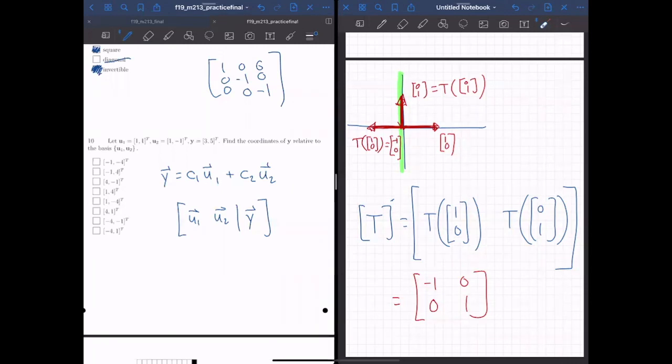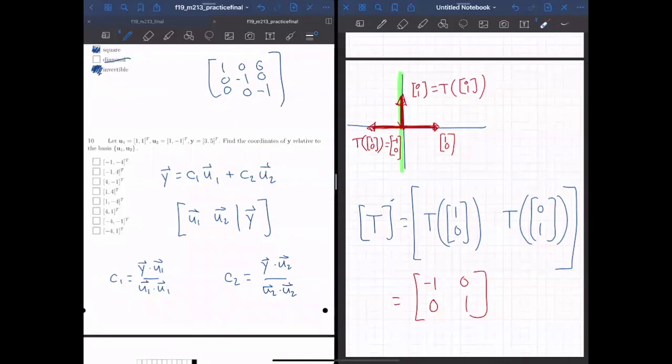However, if you notice that u1 and u2 are orthogonal to each other, then our basis is an orthogonal basis, and if that's true, then you actually have a shortcut formula you can use. The first coefficient is just going to be given by y dot u1 over u1 dot u1, and the second coefficient is just y dot u2 over u2 dot u2.